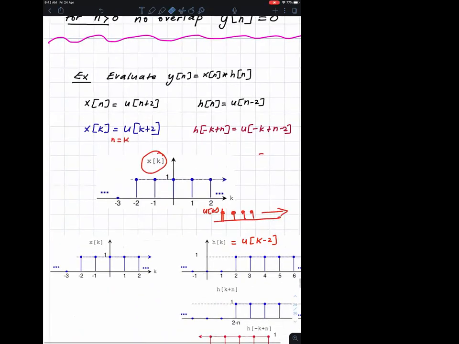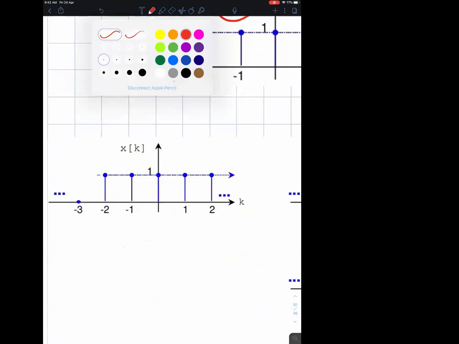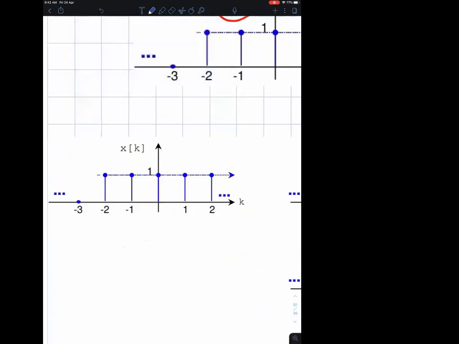Note very carefully, this is going to infinity, but this is all zeros. You can just forget about this. It's zero until infinity, that's all it means. But this is non-zero. It's just one, and going up to infinity. So keep that in your mind.